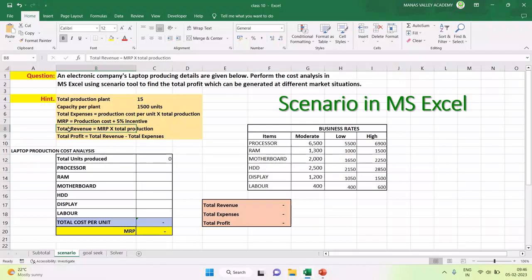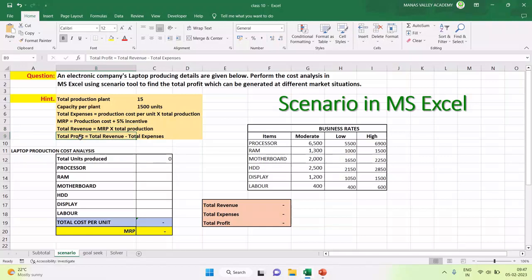Total revenue, that means the total collection of the company by selling the total units of the laptop. So it is MRP multiplied by total production. If the MRP, calculated by adding 5% incentive, is multiplied by total units produced, that will be the total revenue of the company.